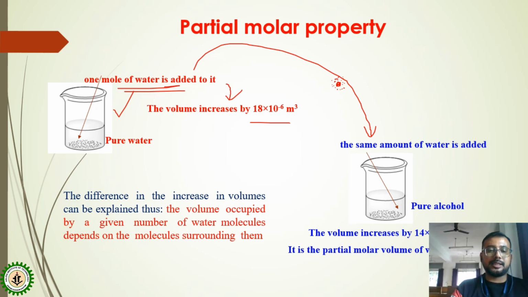The difference in the increase in volume can be explained like this: the volume occupied by a given number of water molecules depends on the molecules surrounding them, which was already discussed earlier. In pure water, we can identify the pure molar volume of water by which the volume is increasing.